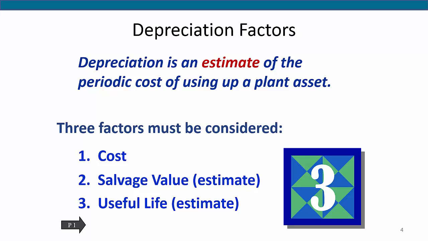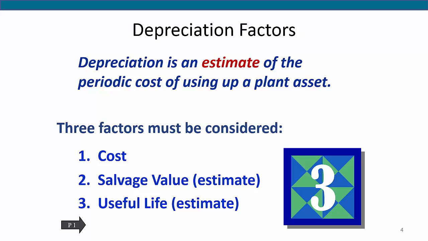Salvage value, which is also called residual or scrap value, is an estimate of the asset's value at the end of its useful life. It's how much we expect to receive from disposing of an asset. It's the trade-in, the sale, or the scrap value. Total depreciation expense will be equal to the asset's cost less its salvage.